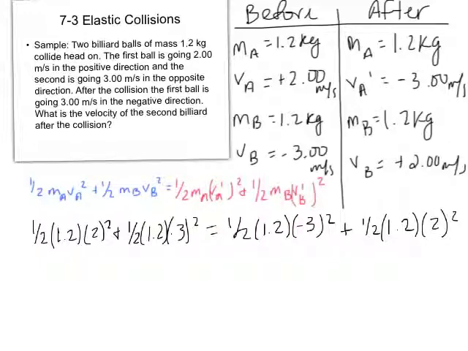Some of you can probably see from here that these are going to be equal to each other. But one thing to make note of, with kinetic energy, the signs don't matter because the velocity is squared, so that makes the negative sign disappear.